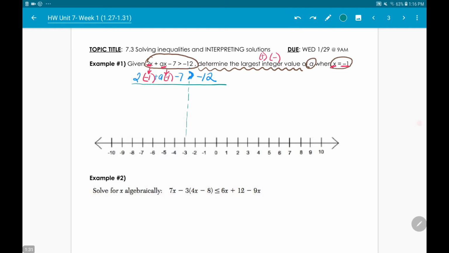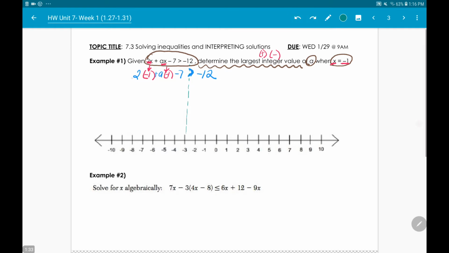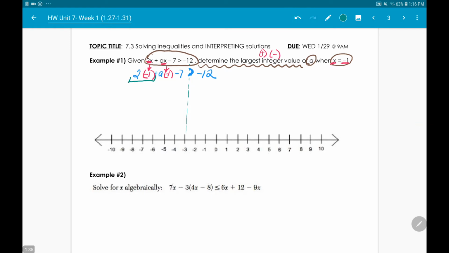Actually, wait, pause. Before the box, we have to simplify. I have 2 times negative 1, and that gives me negative 2. I have negative 1 times a, which is just negative 1a. So I have negative 1a minus 7 is greater than negative 12.